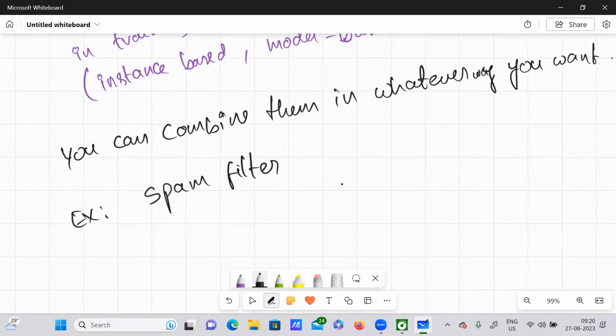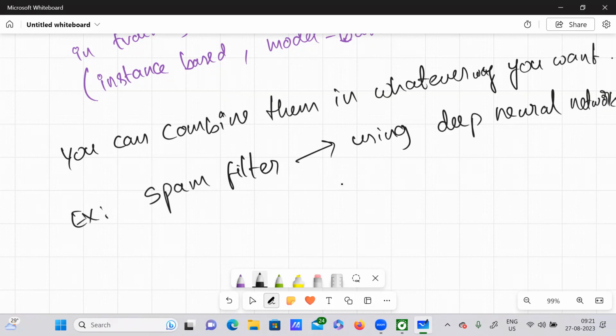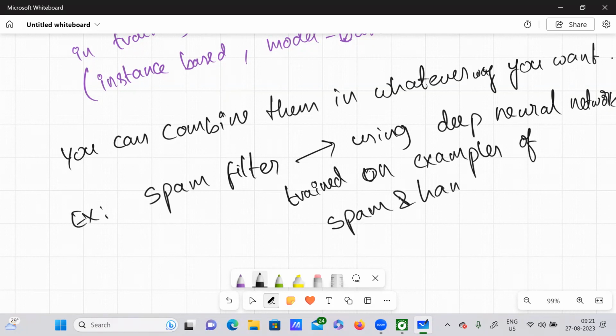That is, this spam filter may also learn step by step using a deep neural network. So it can also learn on the fly using a deep neural network, which is trained using the examples of spam and ham.